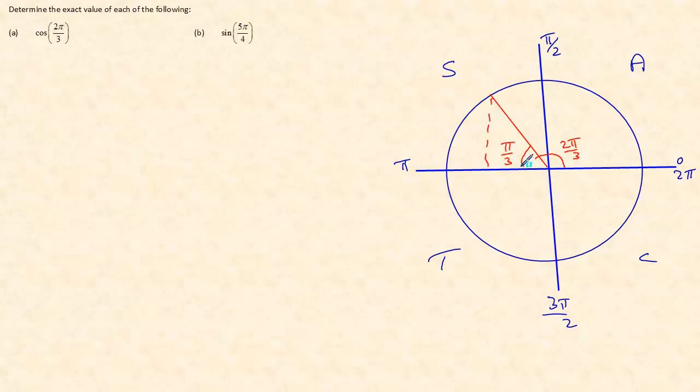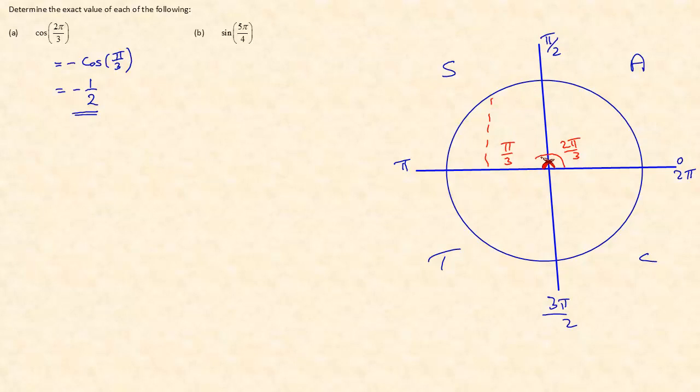So this is our associated acute angle. Now we're in the S quadrant, so the cosine is going to be negative. So it's going to be minus cos pi by 3, and we know the exact value for cos pi by 3, that's half. So this one is going to be negative a half.